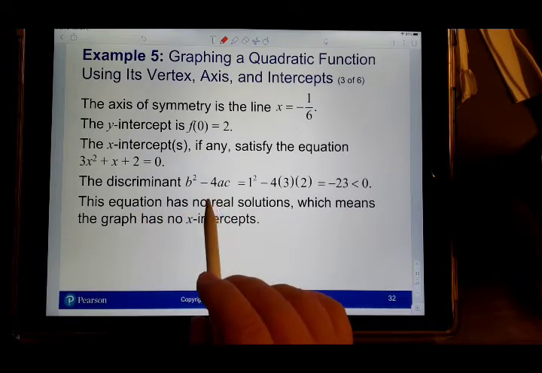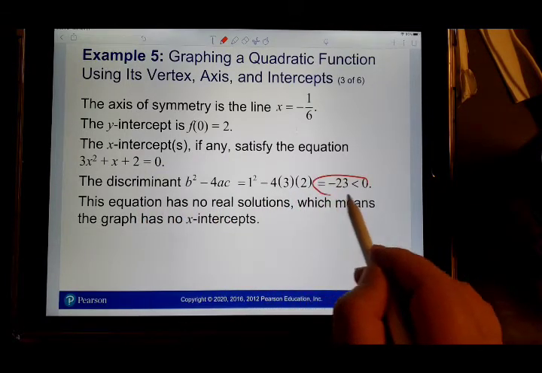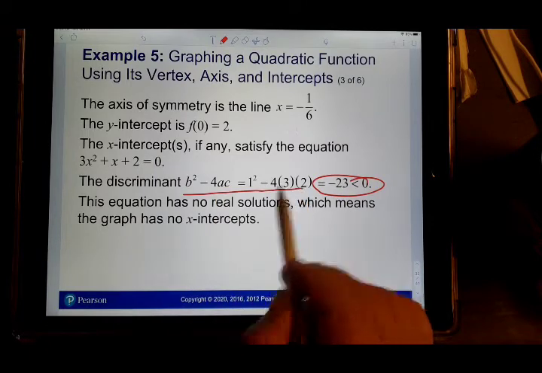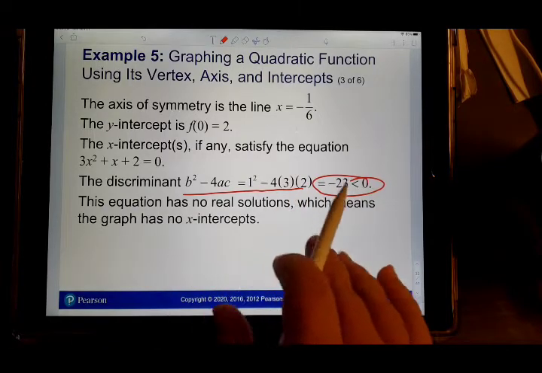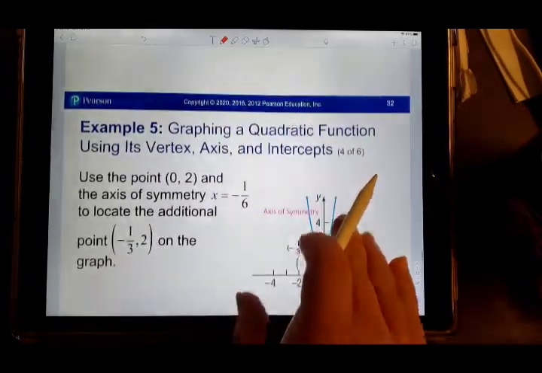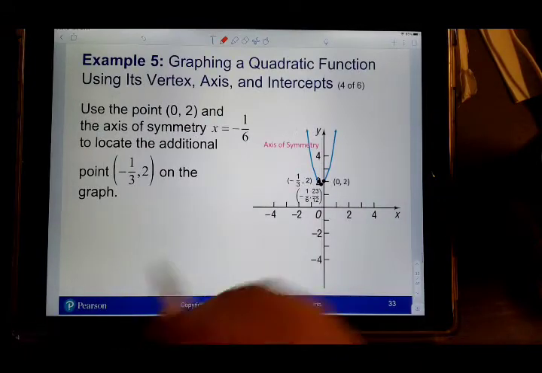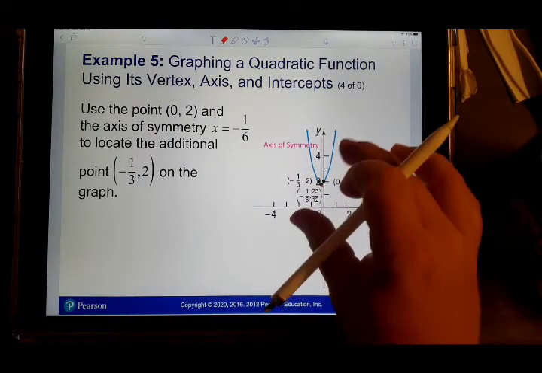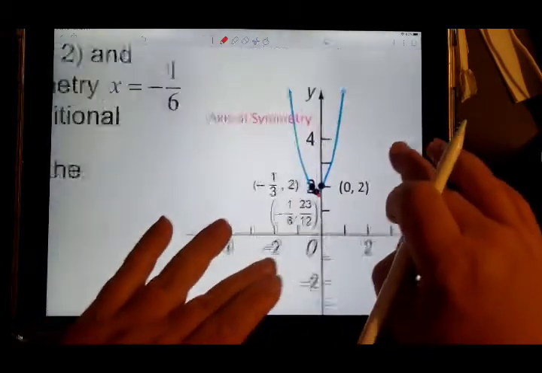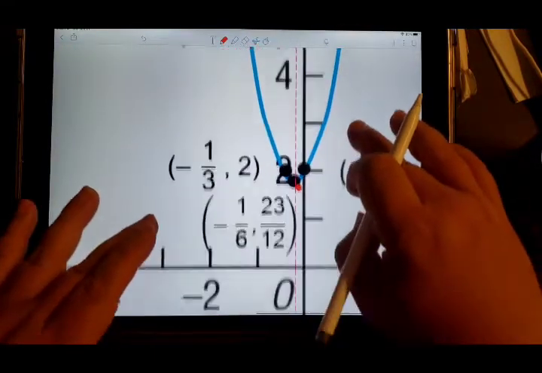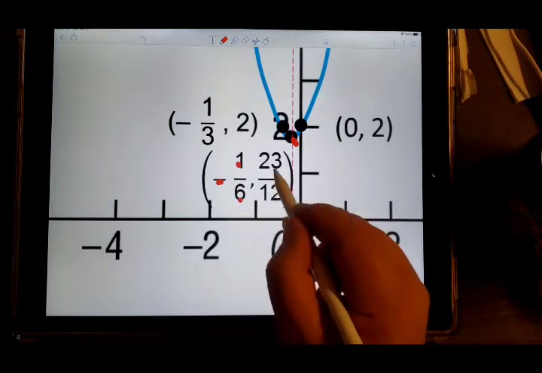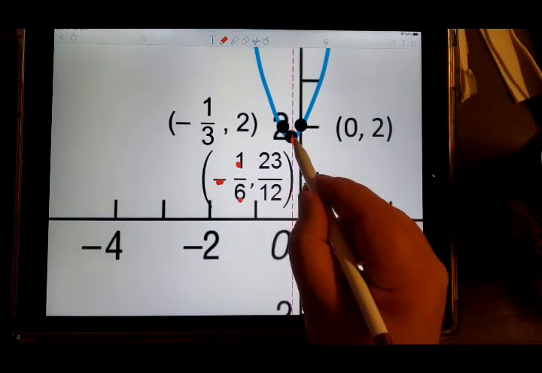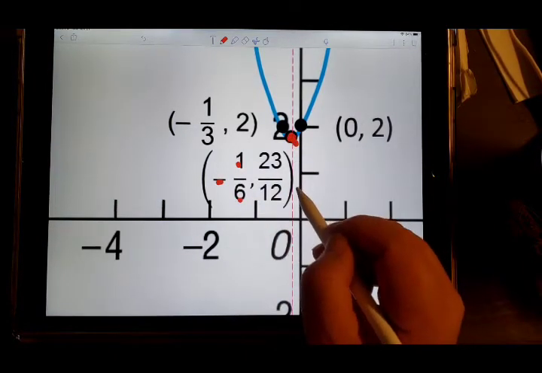They used the discriminant test to find out there are no x-intercepts, but I think that would have been unnecessary in this case. It's really tight quarters here. But they plotted that ordered pair, -1/6, 23 over 12, right here.